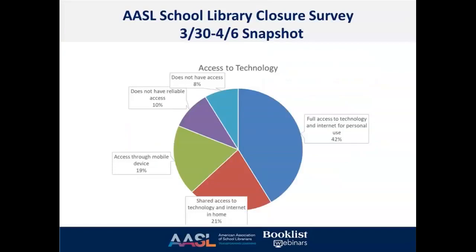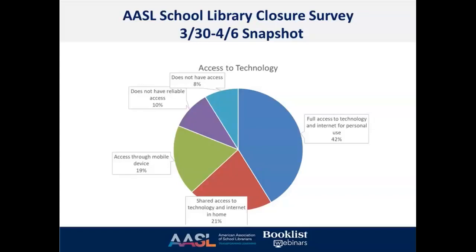AASL is also gathering snapshots of K-12 education, and how the work of school librarians is evolving during this crisis. The first school closure survey, which ran March 30th to April 6th, had responses from all 50 states and every school setting and grade level. At the time, more than 70% of the respondents expected to return to school during the school year, and now we're finding that most have closed until the next one.